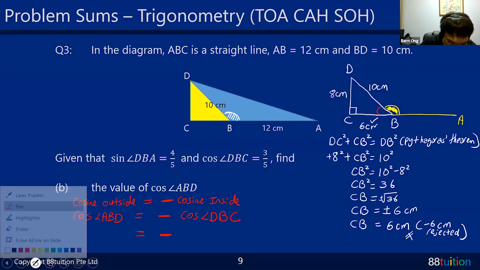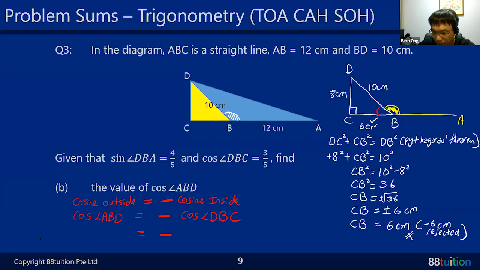Let's take a look at cosine DBC. I know I have to use the general formula again, under CAH. So cosine theta is equal to adjacent over hypotenuse. Let me go and find the cosine inside first. Cosine DBC is equal to... this one is called the opposite, this is the hypotenuse, and this is the adjacent.